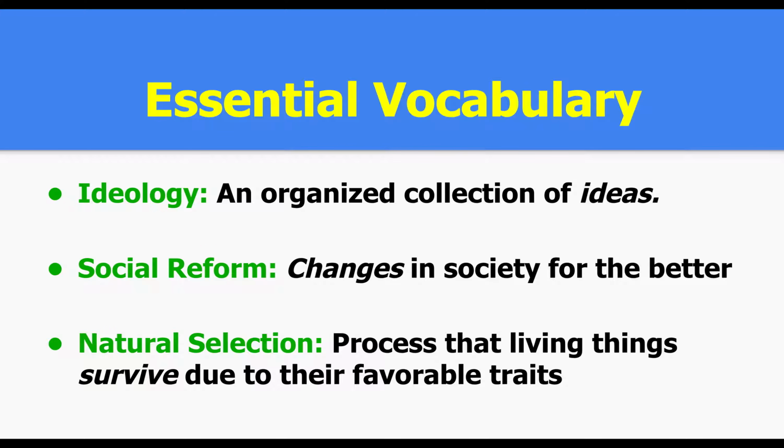So some of the key vocabulary that you need to know before continuing on. There are three terms: ideology, social reform, and natural selection. Ideology basically means an organized collection of ideas or beliefs. For example, there could be a political ideology, right? So you have liberal and conservative. Basically that just means that there's a collection of liberal ideas about how government should be structured and what the role of government should be.